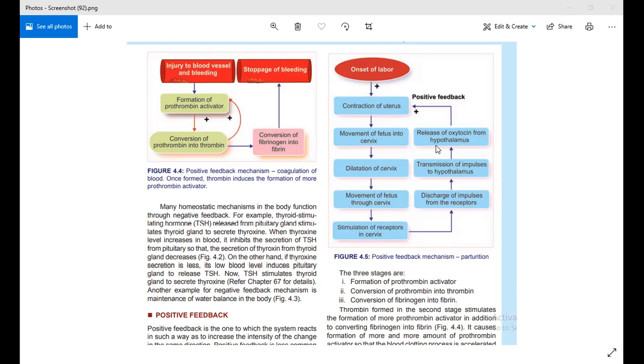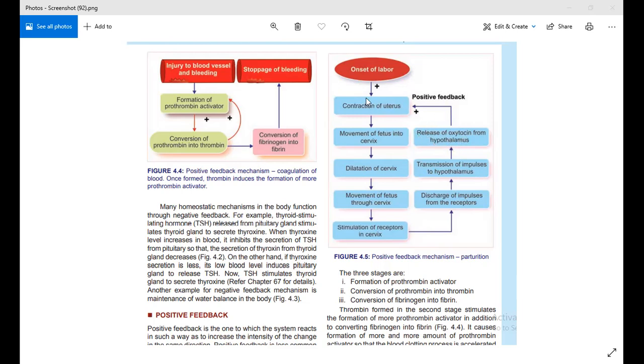Now, when this oxytocin is released from the hypothalamus, the labor does not stop. What happens? This oxytocin leads to more contraction of the uterus. So the job of oxytocin is to cause more contraction of the uterus, and then this whole process will start again, and more oxytocin is released.